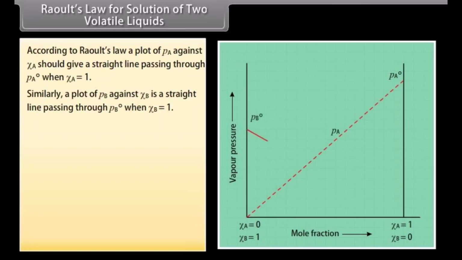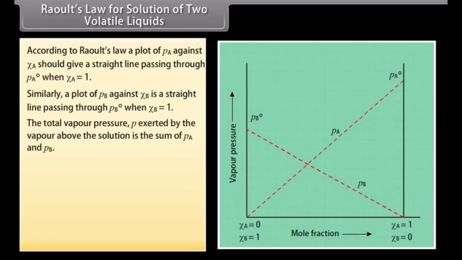Similarly, a plot of PB against XB is a straight line passing through P°B when XB is equal to 1. The total vapor pressure, P, exerted by the vapor above the solution is the sum of PA and PB.